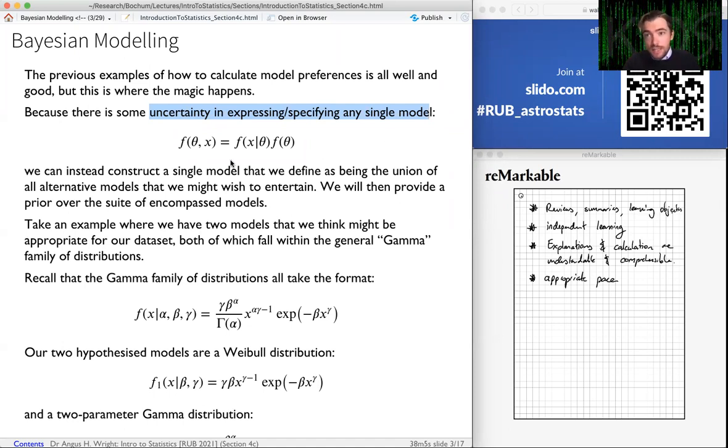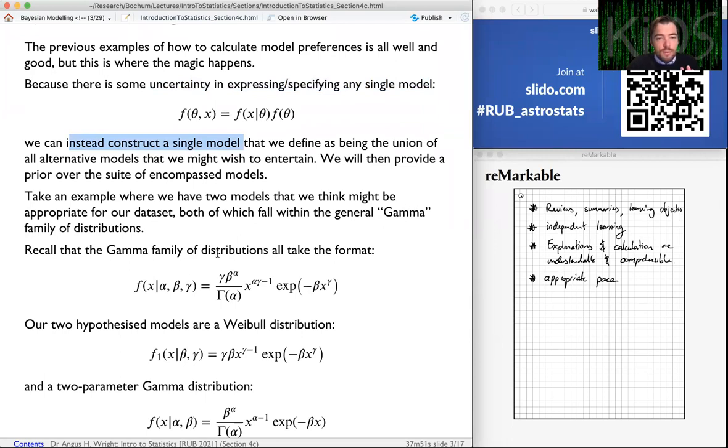One of the utilities of the Bayesian framework is that I can construct a single model that actually contains lots of different models. The example we gave last week was, let's consider that we believe our data has either a Weibull distribution or a gamma distribution.